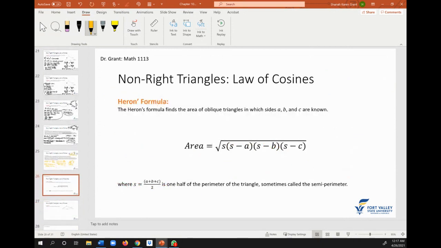All right, so now we're going to talk about Heron's formula. Now, basically, Heron's formula comes into play when we are looking at the area of a triangle.